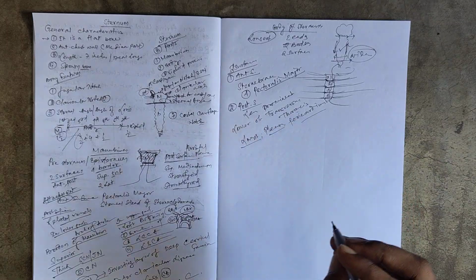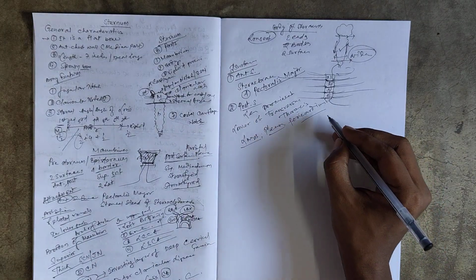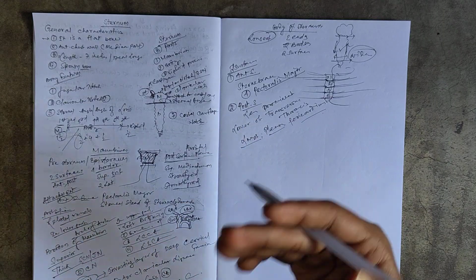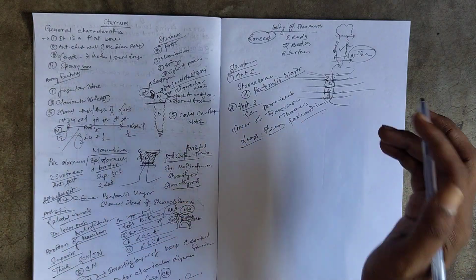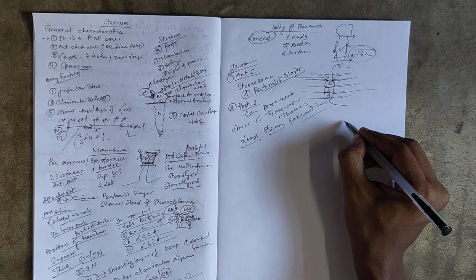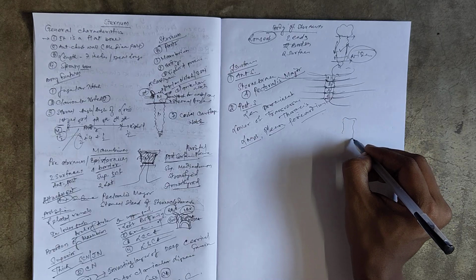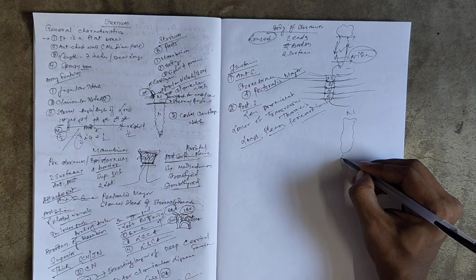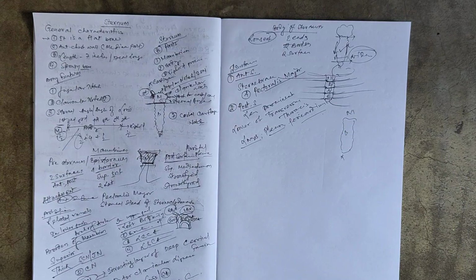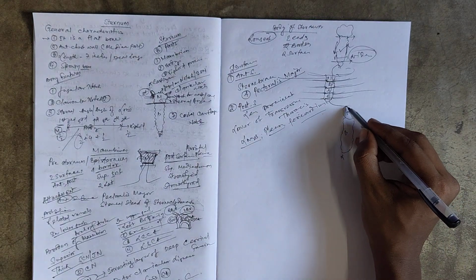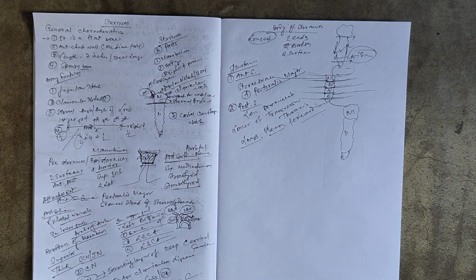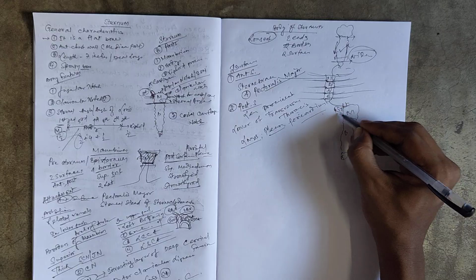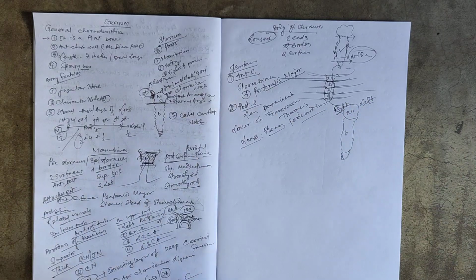On the right side of the median plane, the posterior surface is related to the anterior border of the right lung and pleura. So, if you take the sternum again, manubrium, xiphoid, and body, right, left.